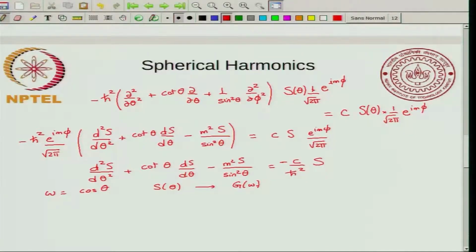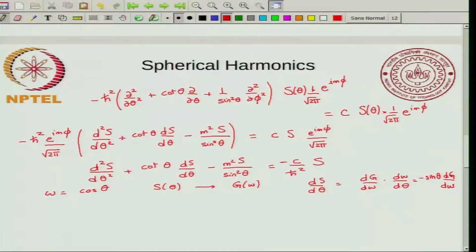Then if you take any derivative, dS by d theta is equal to dg by dw into dw by d theta, and dw by d theta is just minus sine theta. So I can use this iteratively. This is just minus sine theta dg by dw.